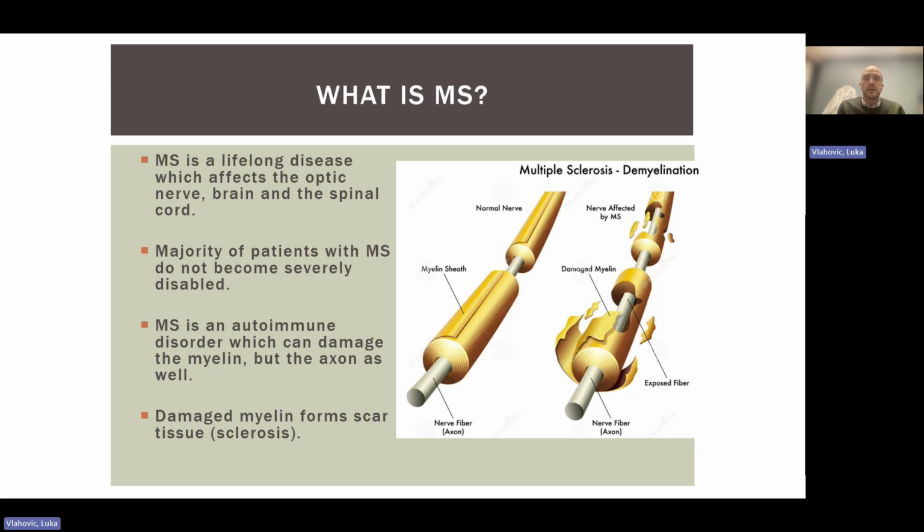This is really affecting only the central nervous system. It is also important to mention that the majority of patients with MS do not become severely disabled, although this disease is very variable, so its clinical presentation can vary from very mild to pretty severe.